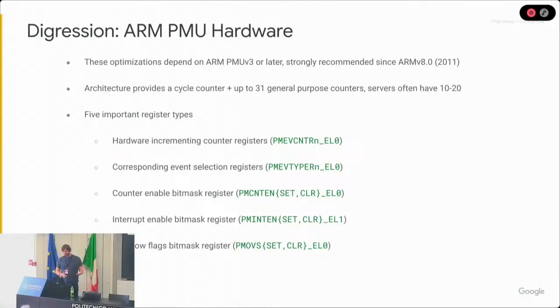And this architecture provides a lot of counters, a cycle counter plus 31 general purpose counters. In the server hardware I've worked with inside Google often has like 10 to 20. This is another point in support of a partitioning solution where you can partition without taking too many counters away from the host or not having enough for the guest.